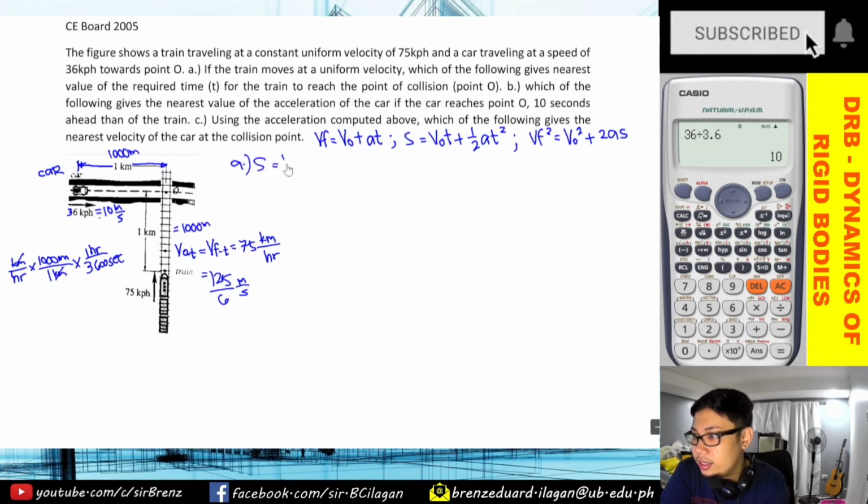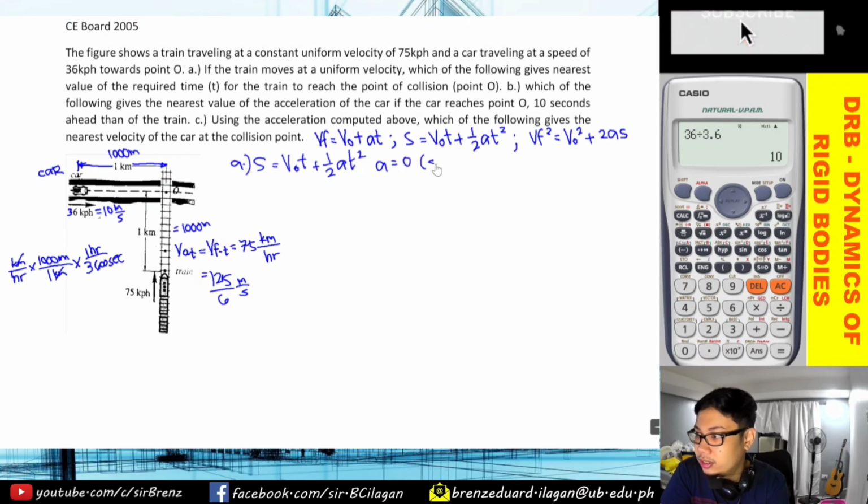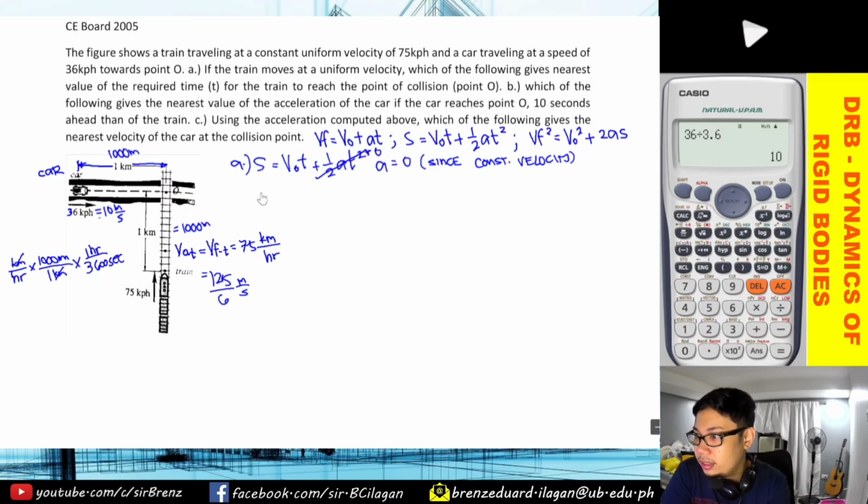S equals to initial velocity ng train times the time plus 1/2 of AT squared. So yung acceleration mo, since constant yung velocity, acceleration will be equals to 0. So since hindi nagbabago yung kanyang velocity, we can cancel out this term of the equation.